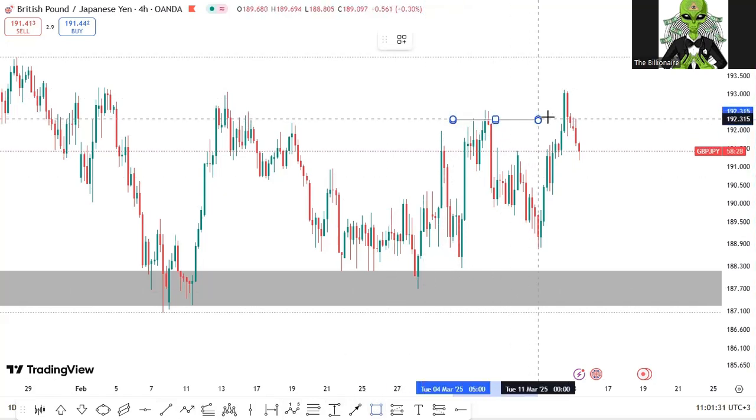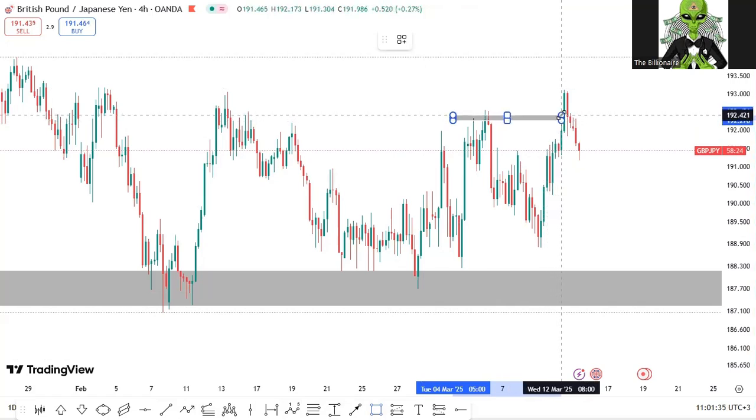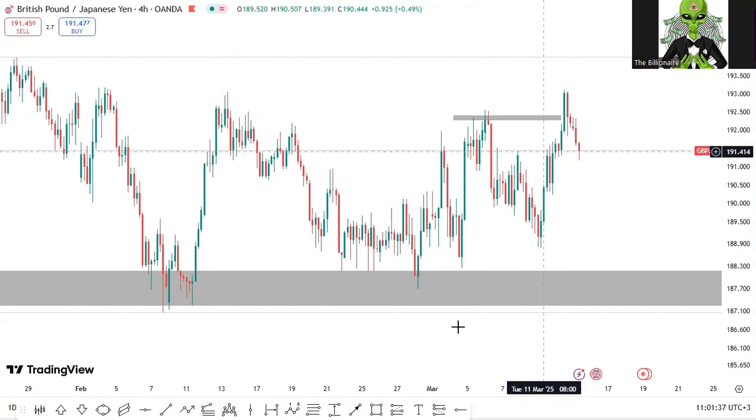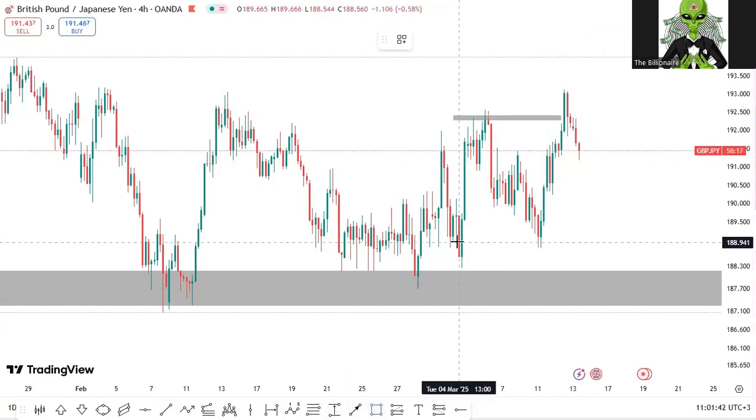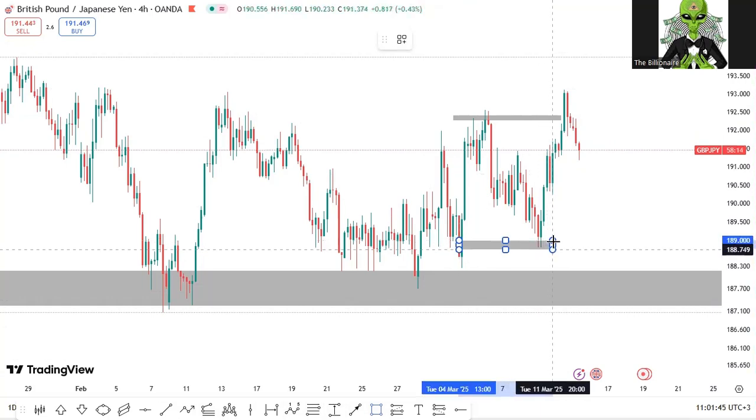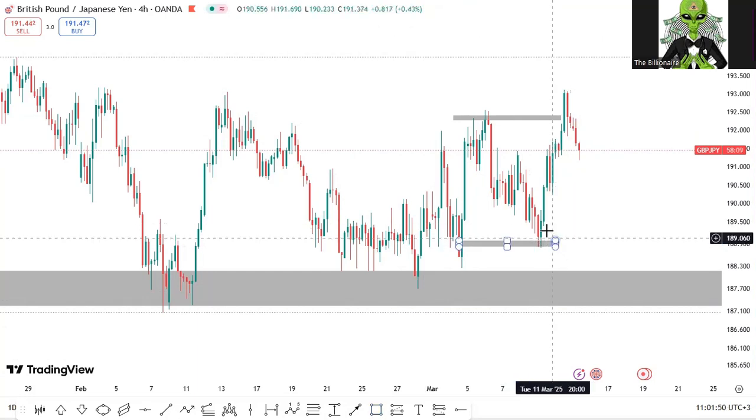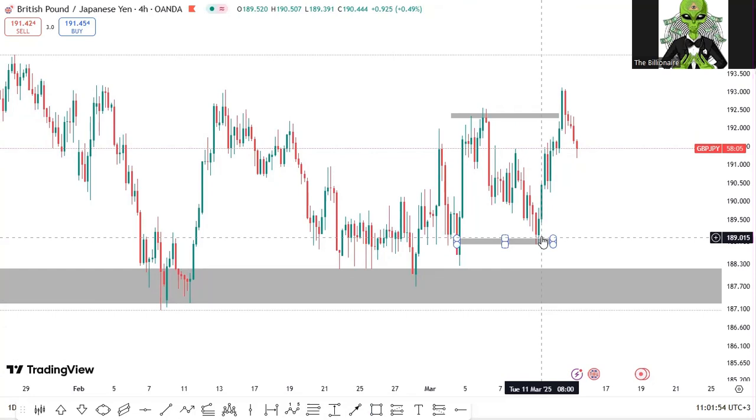So I'm going to mark this level of resistance right here, and this level of support right here. I like to draw these levels at the candle bodies.